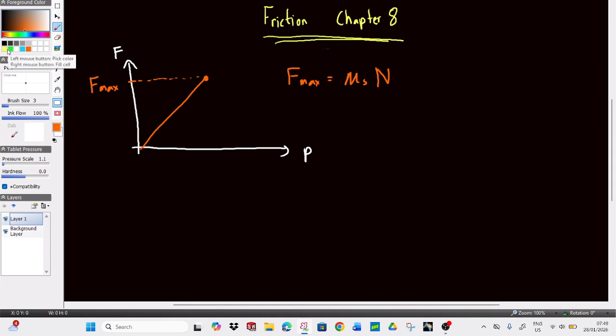And going back to our example of the grassy patch, we have the same box. We apply the force P on it, and of course we have the frictional force, which is just F, and then we have the weight.